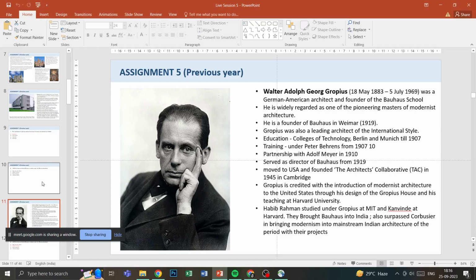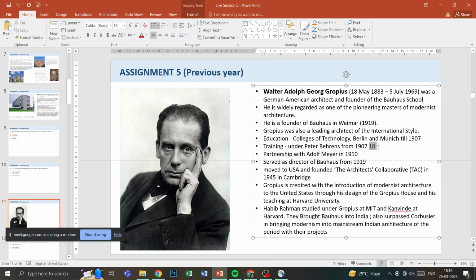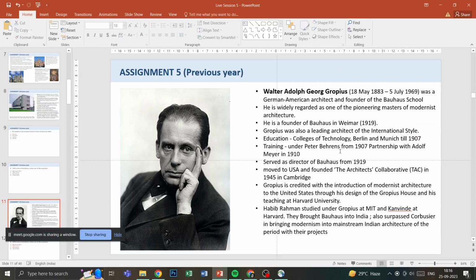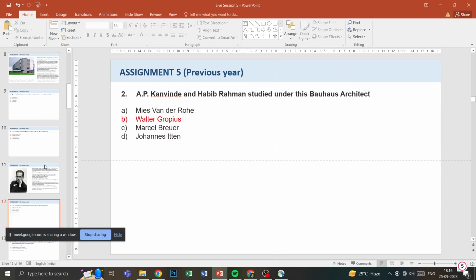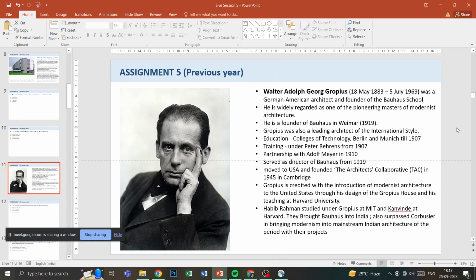His education included College of Technology Berlin and Munich till 1907. He trained under Peter Behrens from 1907. He partnered with Adolf Meyer in 1910, and he served as director of Bauhaus from 1919.